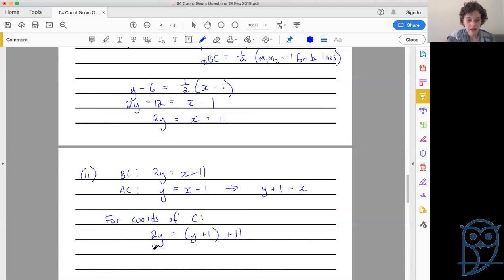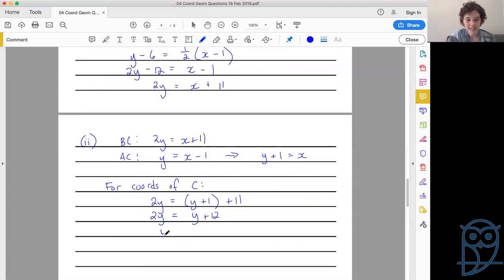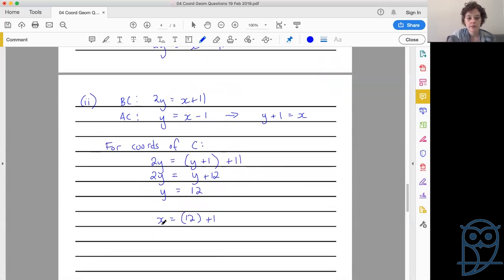Take care of your signs while you have them. 2y equals y plus 12. So, very nice and simple this one, y equals 12. And then x equals 12 plus 1. So x equals 13. So C is the coordinate 13, 12.